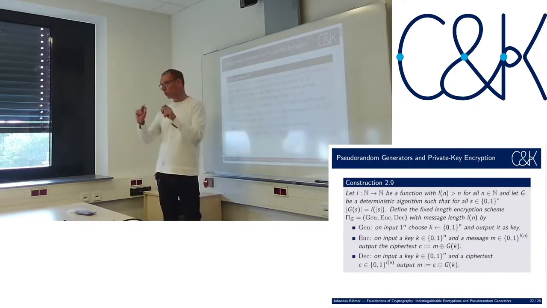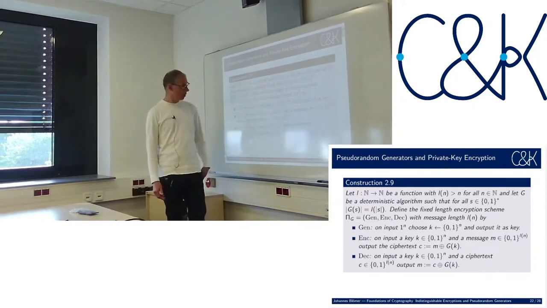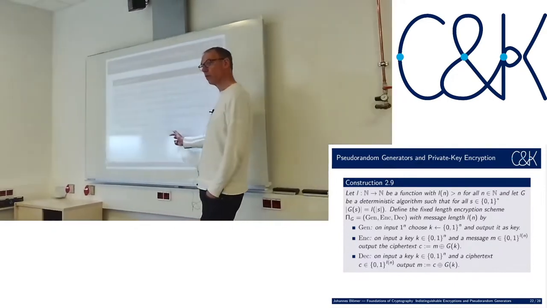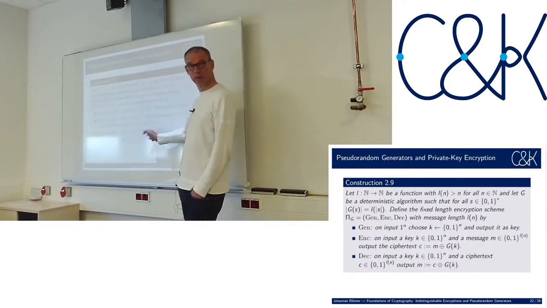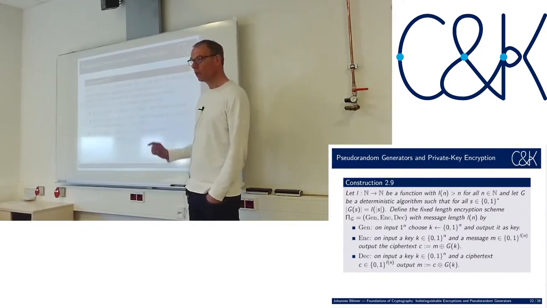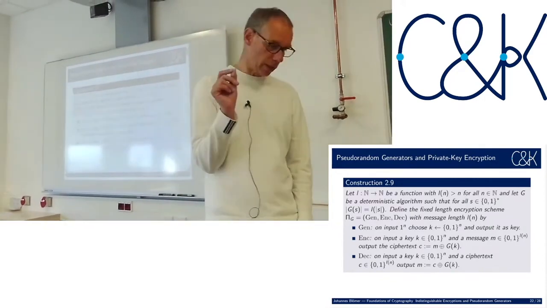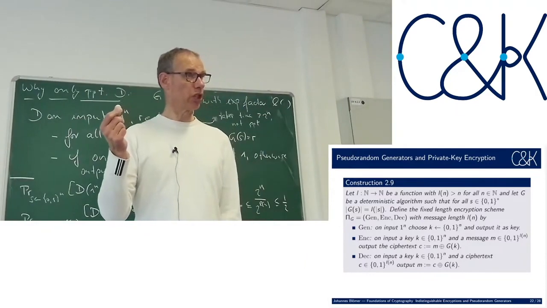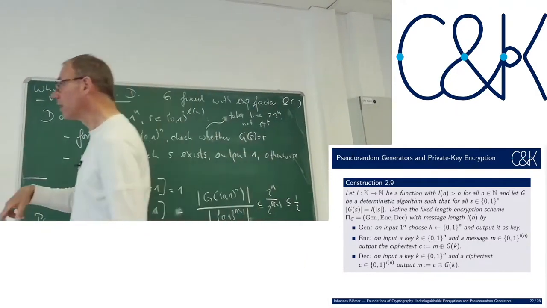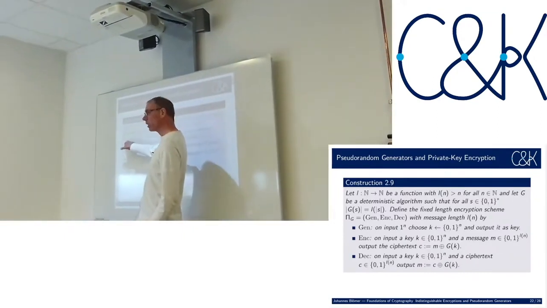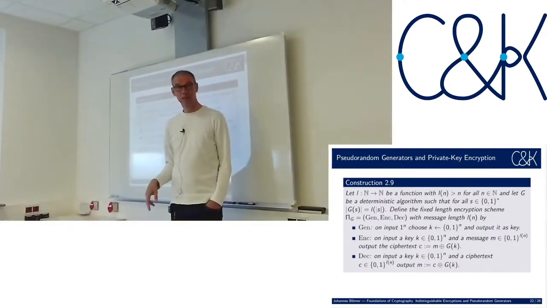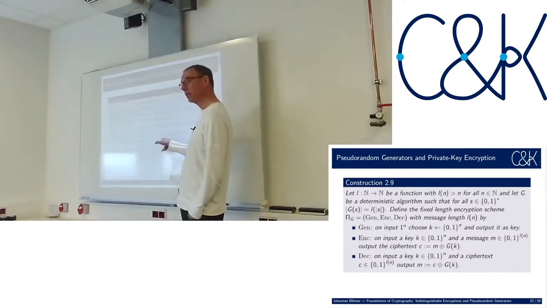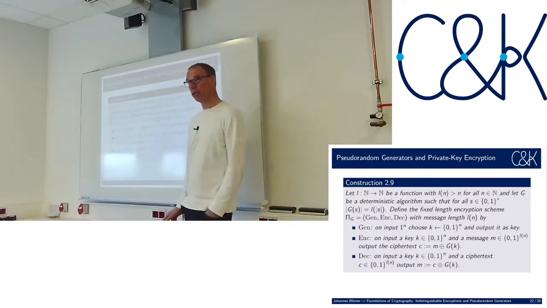Dec on input a key k and a ciphertext c in {0,1}^L(n) does the reverse operation, again the same thing. The key in this encryption scheme is simply the seed for G. These s's are usually called seeds. So this is a one-time pad where I replace the truly random bit string by a pseudorandom bit string.